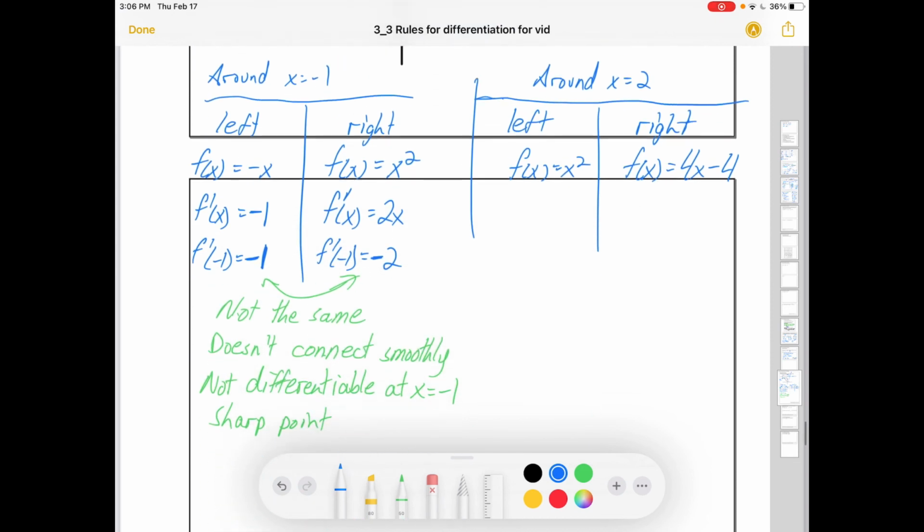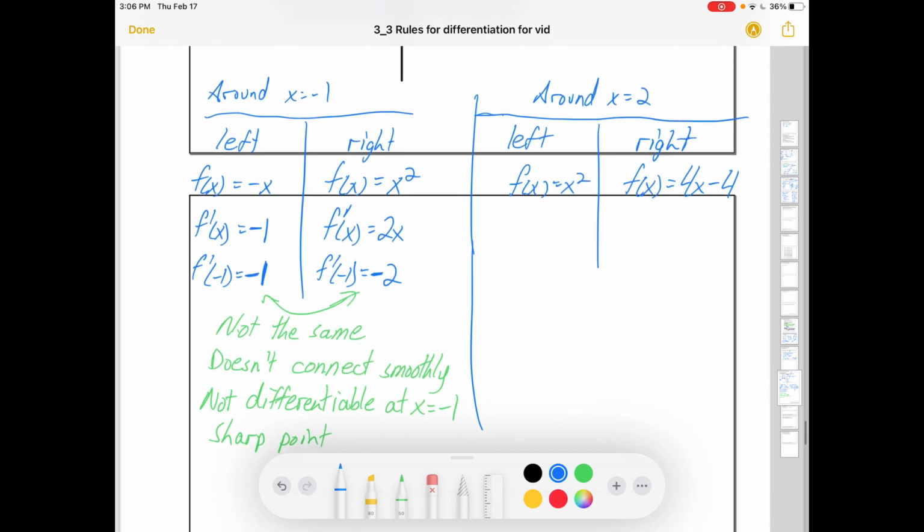And what we're wondering is, if I put in 2 to the derivative, am I going to get the same slope on each of those? So f prime is going to be 2x here, and f prime is just going to be 4 in this other one. And then I'm going to sub in 2, which is the x value that we care about. And I'm going to find that at 2, from either definition, either that final linear one or the quadratic one, the slope's going to be 4.